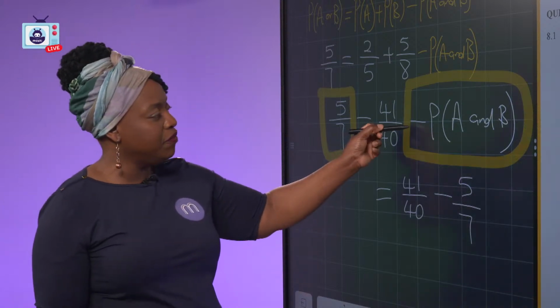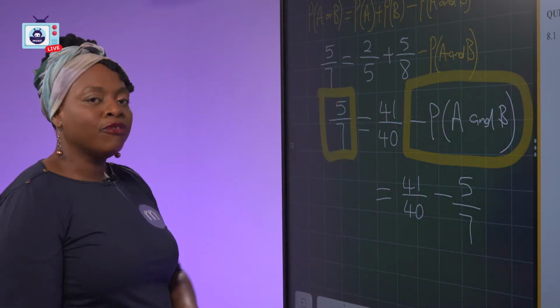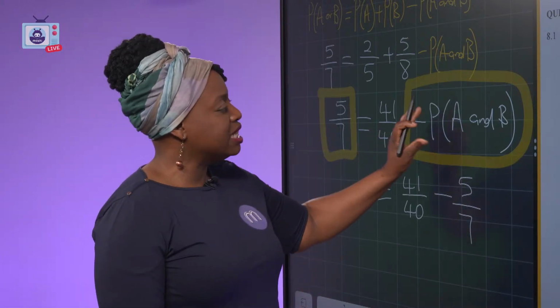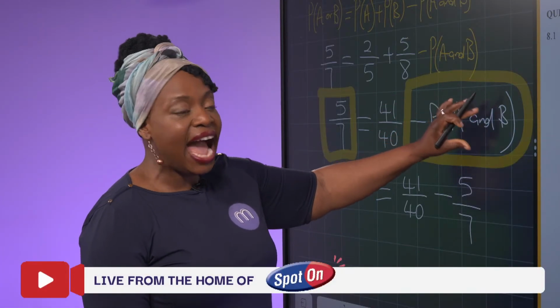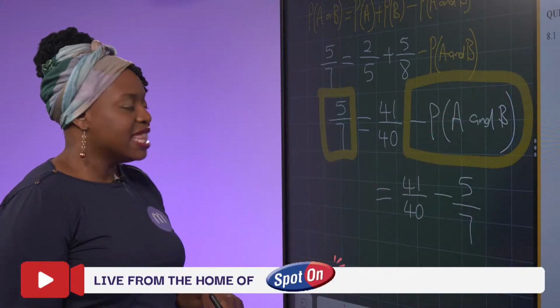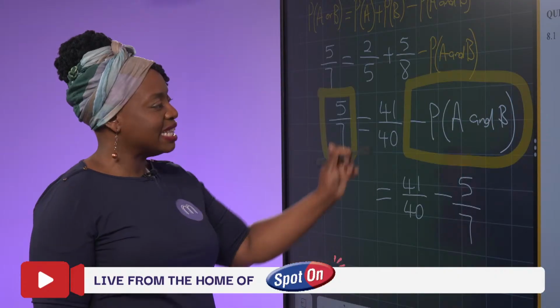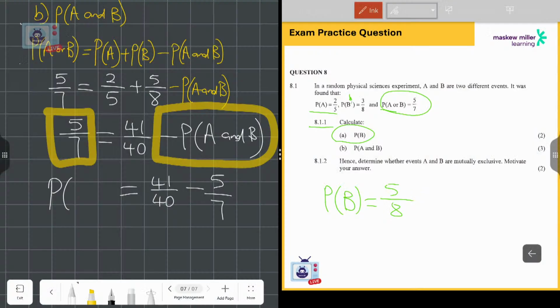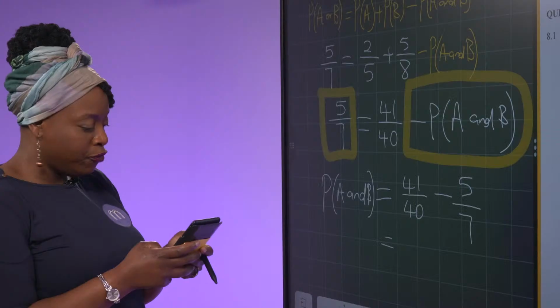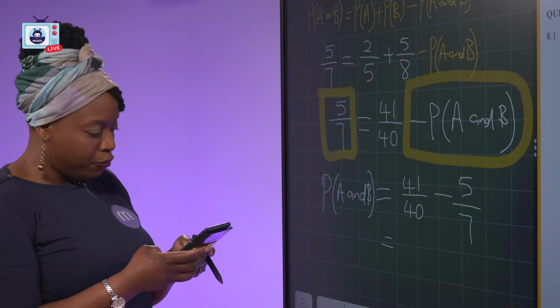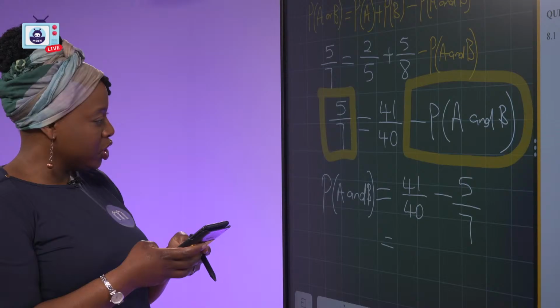And then the negative will go to the other side, but for it to go to the other side, we would have to say negative the probability of A and B plus, and that must happen on both sides, plus the same thing. So that's why we're going to land with the probability of A and B. And then we work that out until we get to the answer. So that is the probability which we have, and that is what we're going to solve right now. So let's say we have 41 divided by 40, and then we are subtracting how much?